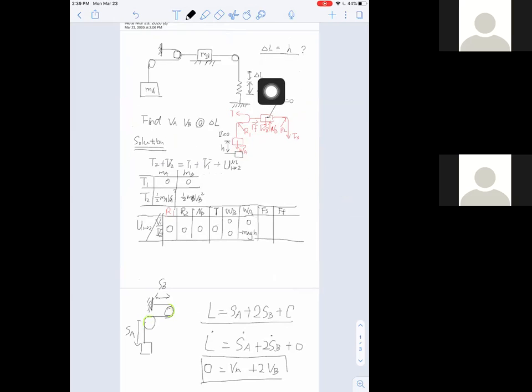So if the spring is stretched by delta L, then block B is moving delta L. But MA is moving 2 times faster than this. So the height H that MA drops equals 2 times delta L. That's the correct relationship between H and delta L.